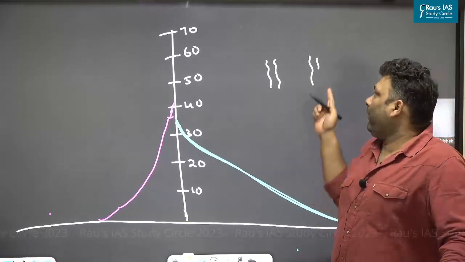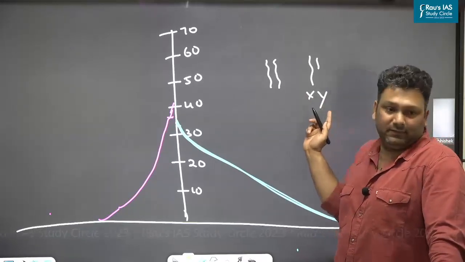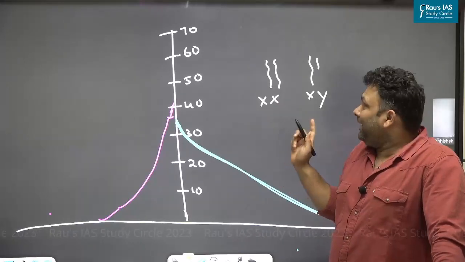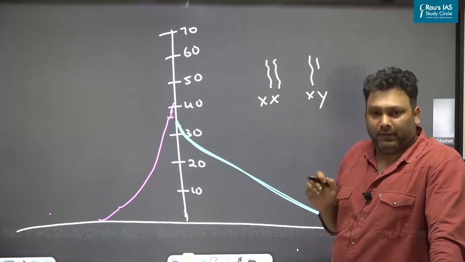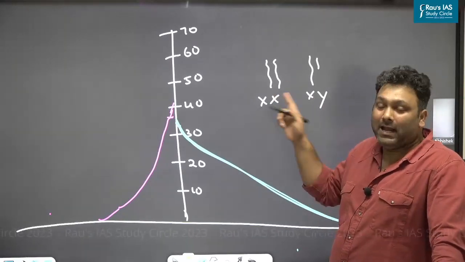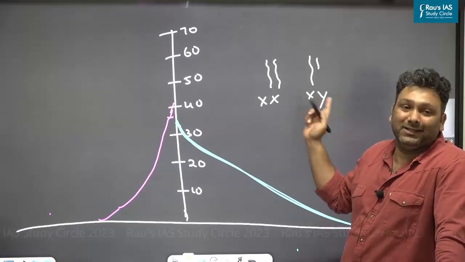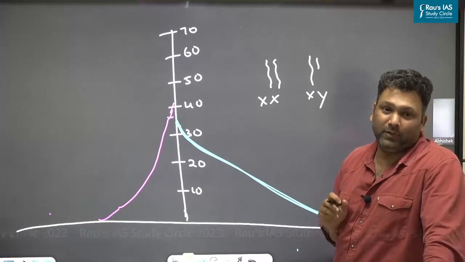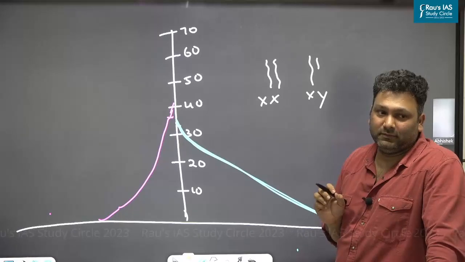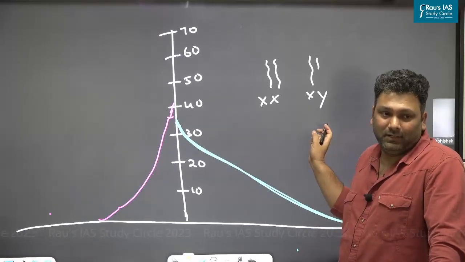Therefore, the compatibility between X and Y is comparatively less than the compatibility between X and X. And in any kinds of disease attacks, the X will be able to shield the other X chromosome effectively. But here, Y won't be able to shield the X. It will not be causing much of hindrance. If you're from biology background, you'll be understanding these words. So that's why here, life expectancy is comparatively low.